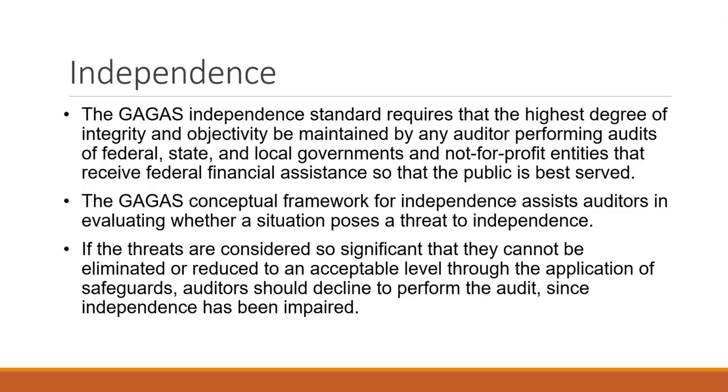You can see that framework in your textbook; there's a decision tree. For example, is the threat related to a non-audit service? Is the threat significant? Then yes or no, you go through the decision tree. You then get to the different outcomes: independence is impaired, so do not proceed with the audit, or you may proceed with the audit because independence is fine.